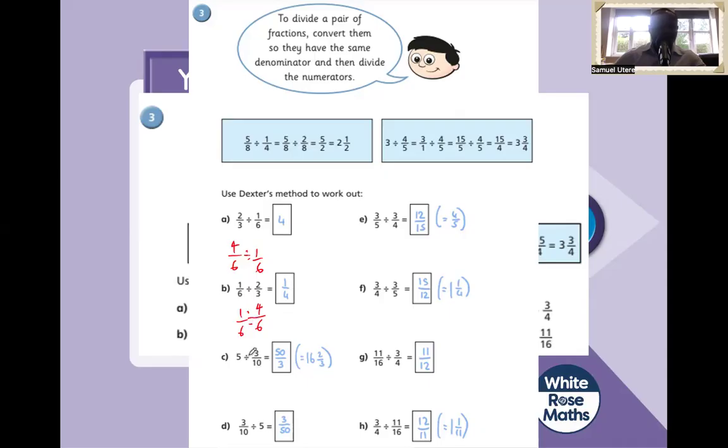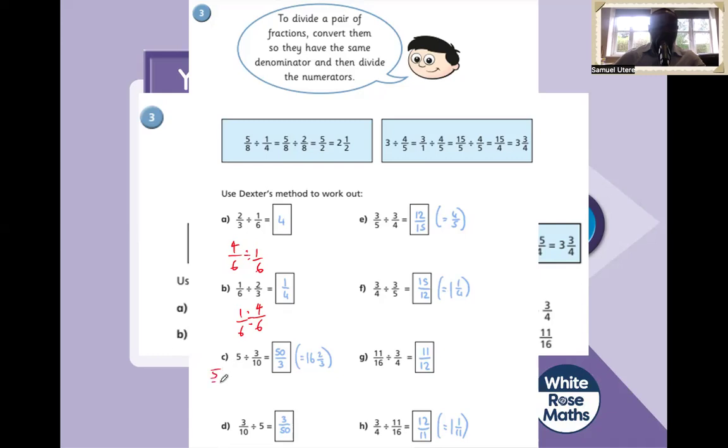This one, if we use the same approach, this is 5 over 1. Okay, so if we want to remember what we learned earlier, an integer is the same thing as that integer divided by 1. So if we want to make the denominator 10, we have to multiply the numerator and the denominator by 10.